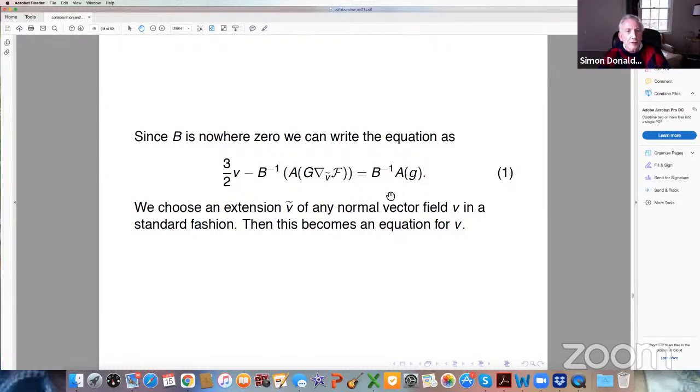Now, if we take any normal vector field v, then we can choose an extension v tilde of it to a vector field over a neighborhood of our submanifold in a standard way of compact support. And so we're thinking of v tilde as determined by v, and so this whole thing is an equation for v. This doesn't depend upon v, this depends just on the rho that we had, so this whole thing is an equation for v.